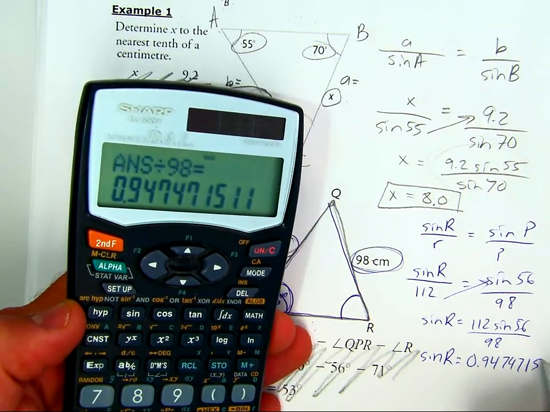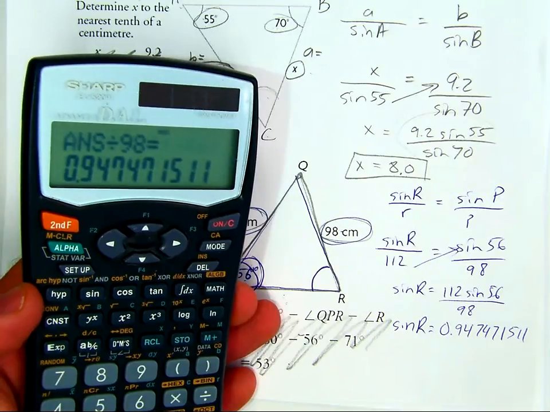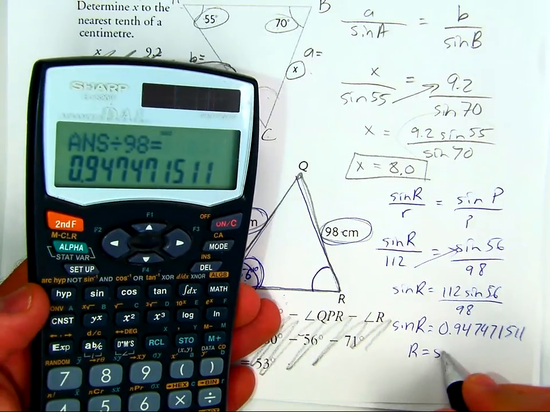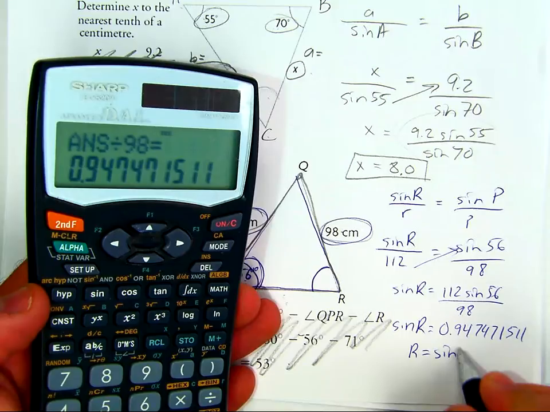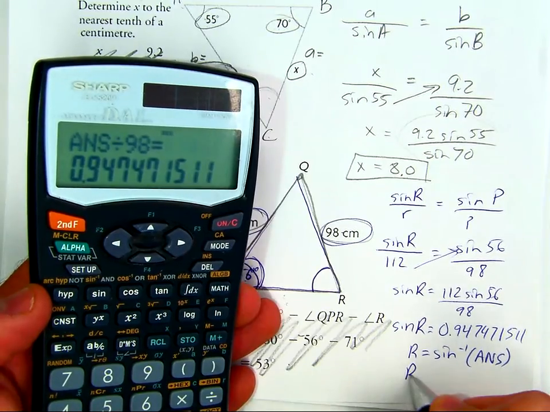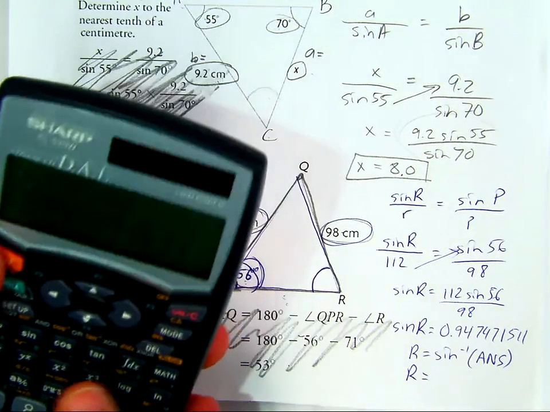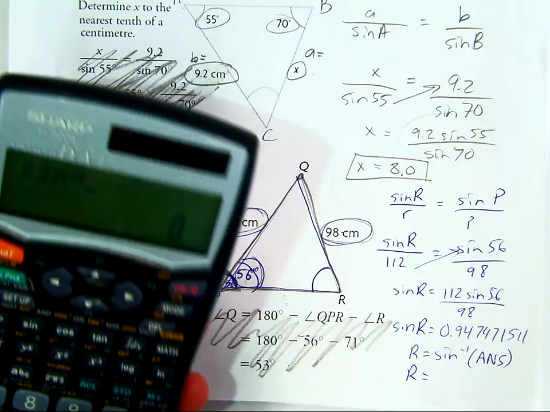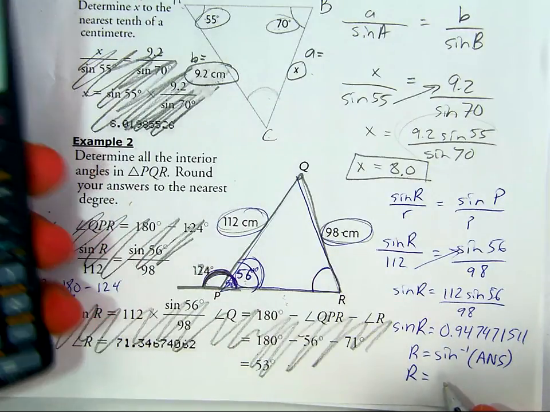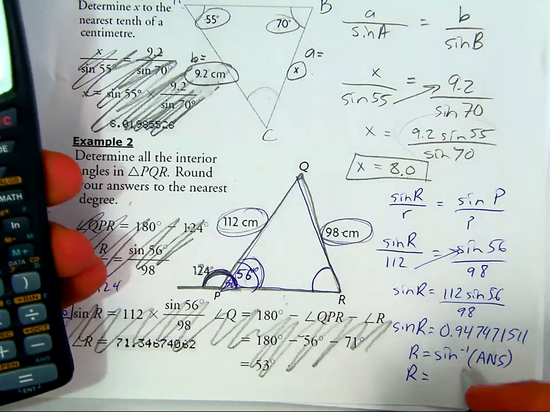And of course, I can figure out R because R is going to be the sine inverse of that answer. If I take the sine inverse of that answer, I get 70.something, and rounding to the nearest degree, I get 71 degrees.